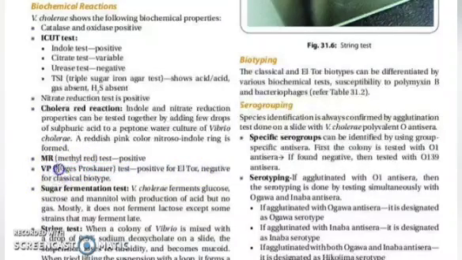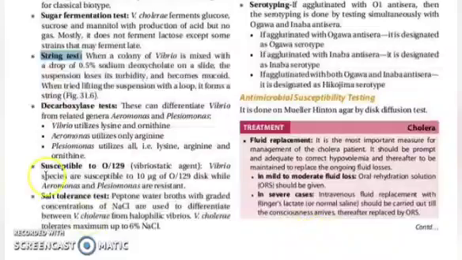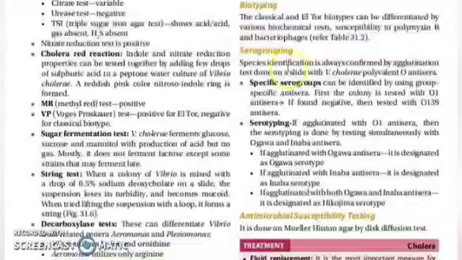So just remember what VP is, Voges-Proskauer. Similarly, the cholera red reaction I told you: when you add sulfuric acid, you will get a red color. String test I have told you; you can put it under biochemical tests, that's also good. Then what else is there? Salt tolerance test. There are a lot of tests, but we will not be covering all of them.